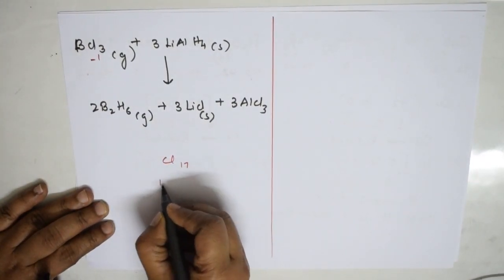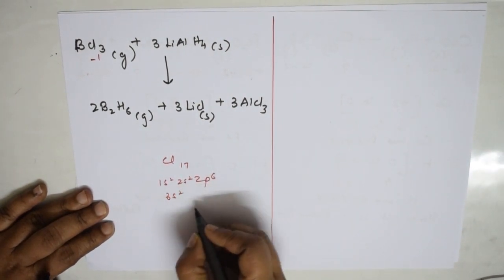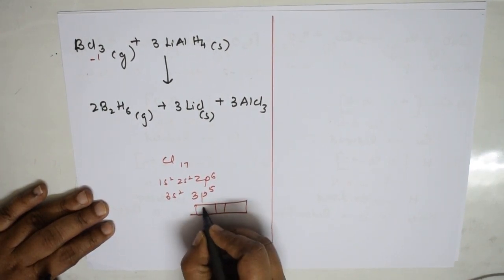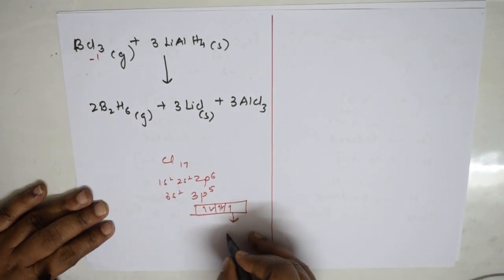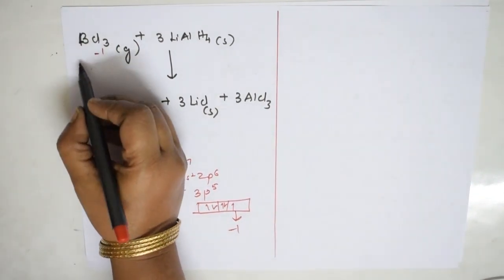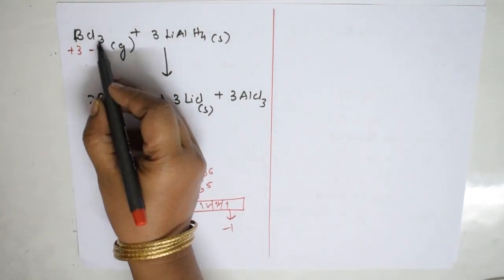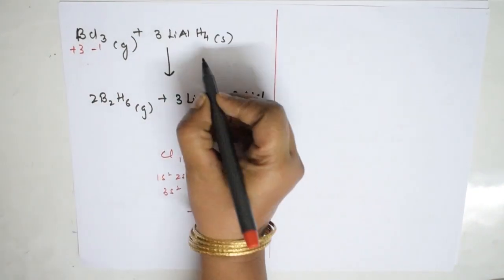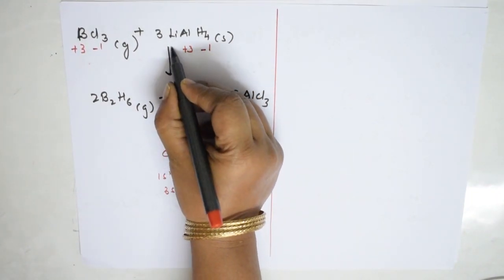Chlorine is 17: 1s2, 2s2, 2p6, 3s2, 3p5. For 3p5, count 1 2 3 4 5. What is the valency? It is 1, so -1. So chlorine is -1, boron is +3, so -3 + 3 gets cancelled, 3 into -1. In lithium aluminium hydride, hydrogen is -1, aluminium is +3, lithium is +1.